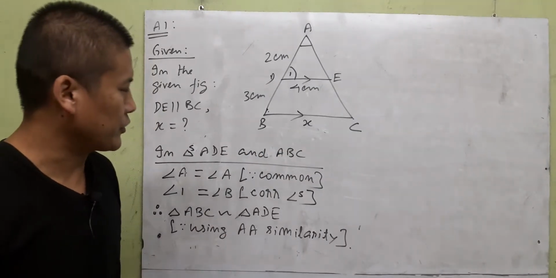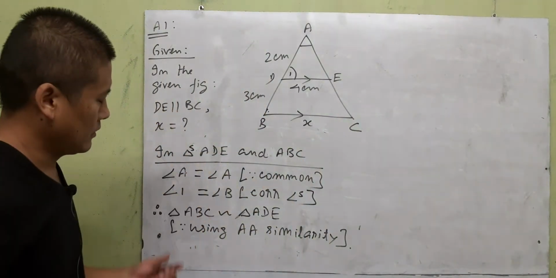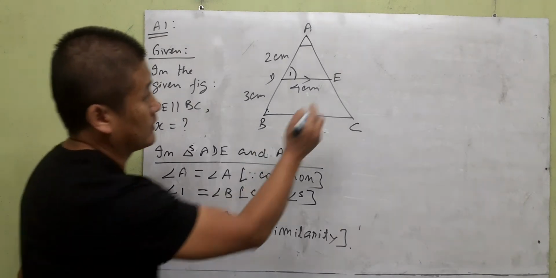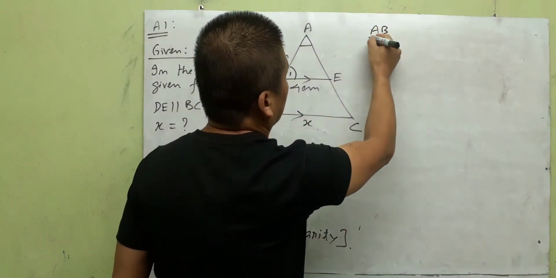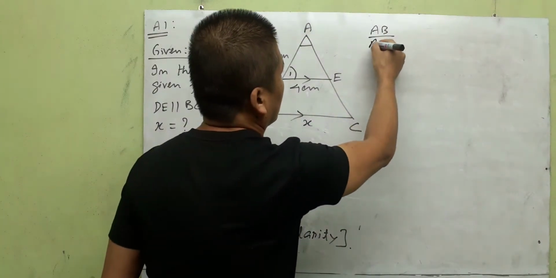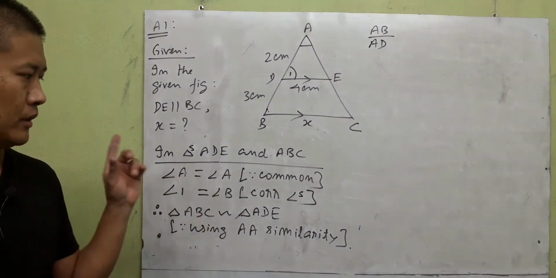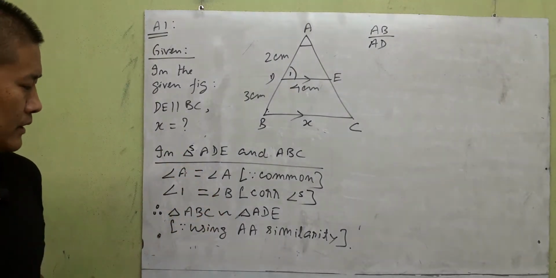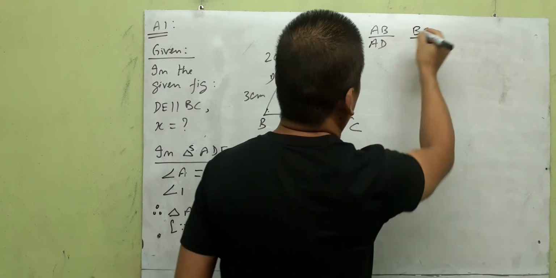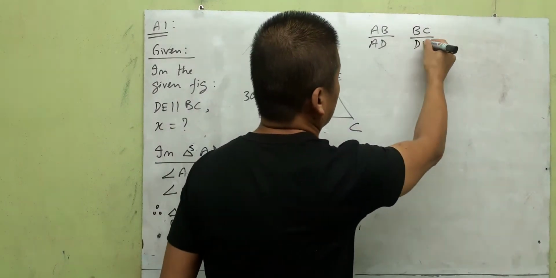Corresponding means the first two letters, what are they? AB, divided by the first two letters of the second triangle, AD. So that is one ratio, taking one side each of the two triangles. Then the second and third letter, BC, by the second and third, DE. That is called corresponding.